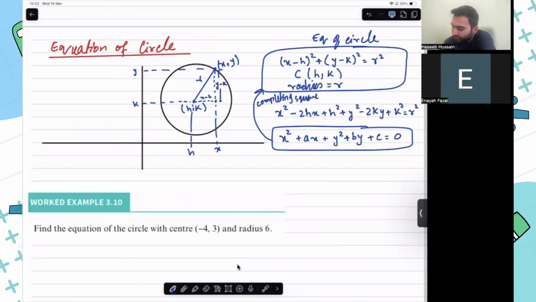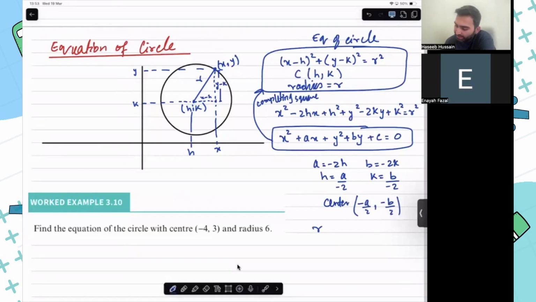If a is equivalent to minus 2h, then h would be simply a over minus 2. And if b is minus 2k, then k would be simply b over minus 2. So your center is minus a over 2 and minus b over 2. Agreed?